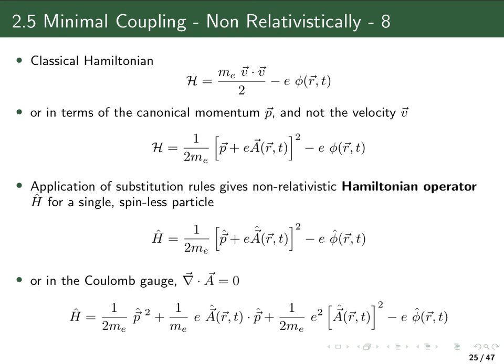But the vector potential, and therefore the effect of magnetic fields, you have twice. You have a linear term here in scalar product with the canonical momentum, and in addition you also have the square of the vector potential. And in the following chapter we will come back to the fact that here we have the vector potential showing up linearly and quadratically.